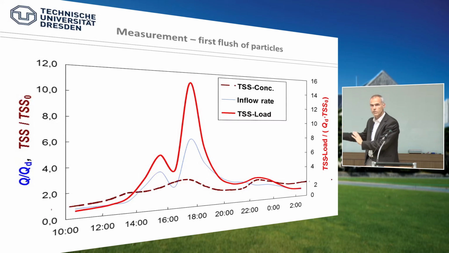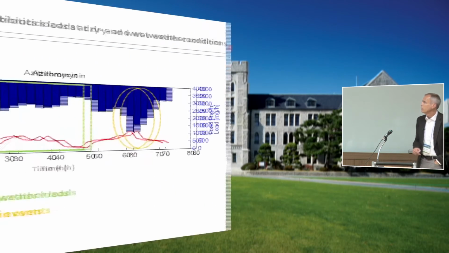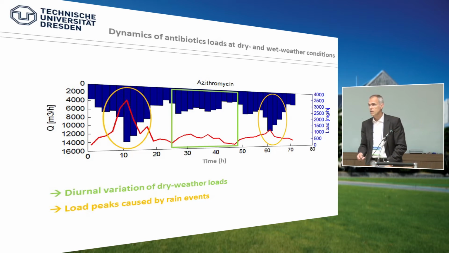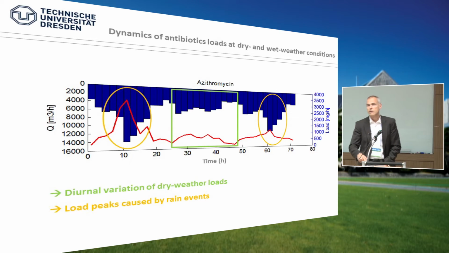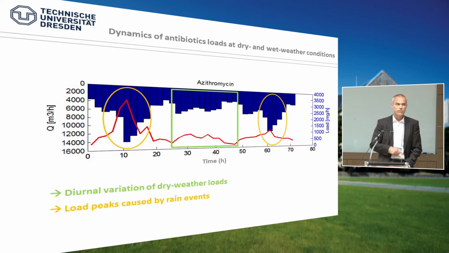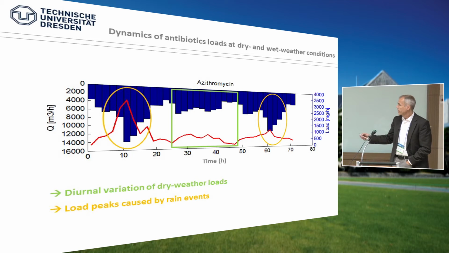We are not talking about this right now, but we also find this effect when we look at, for instance, micropollutants and pharmaceuticals. We were carrying out a project about antibiotics, mainly being interested in antibiotic resistance development within the sewer system and within the wastewater treatment process. Here, azithromycin is an example. Sorry, that was too hard.